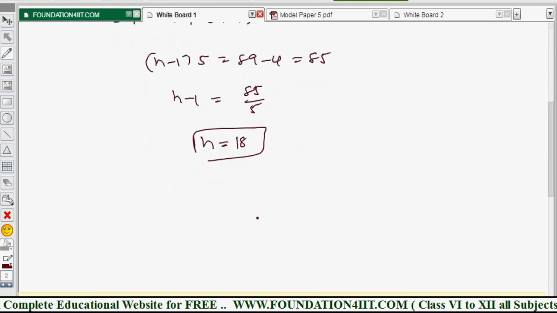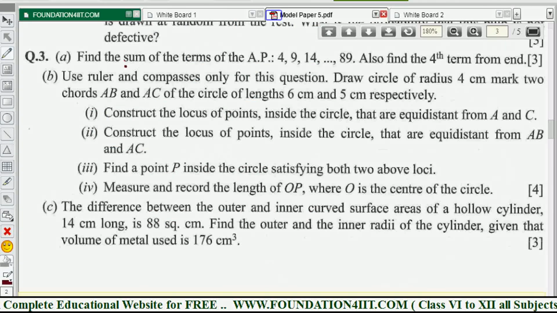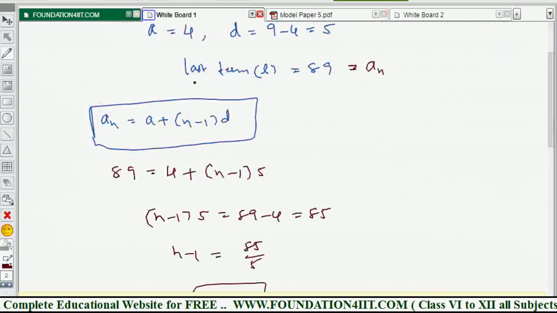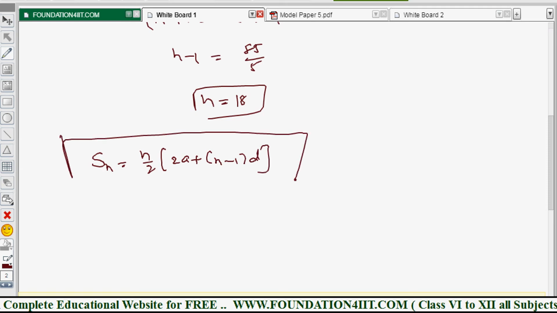We need to find the sum of the terms. If you use the Sn formula, Sn is equal to n by 2 into 2a plus n minus 1 into d. Let us use this sum of n terms formula in AP to find the sum of 18 terms.